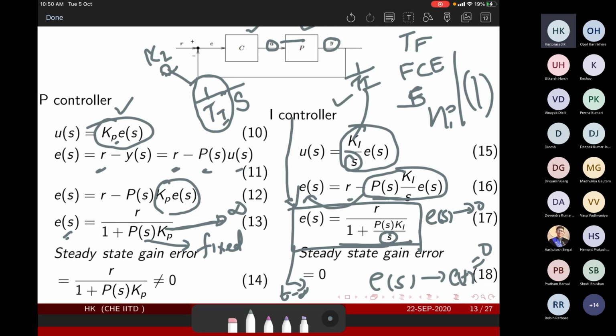The only thing is it happens at t equal to infinity, the final value, which means at a very large time. If you are ready to stay till that time, I am okay with that.